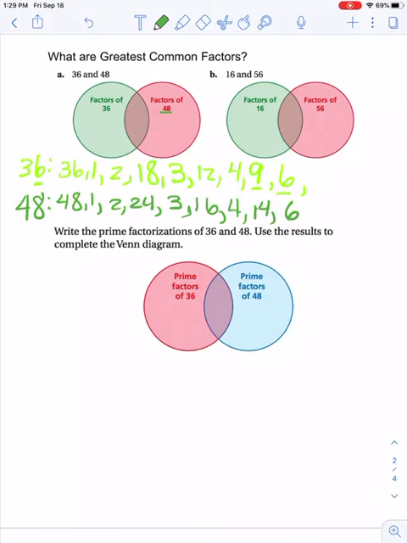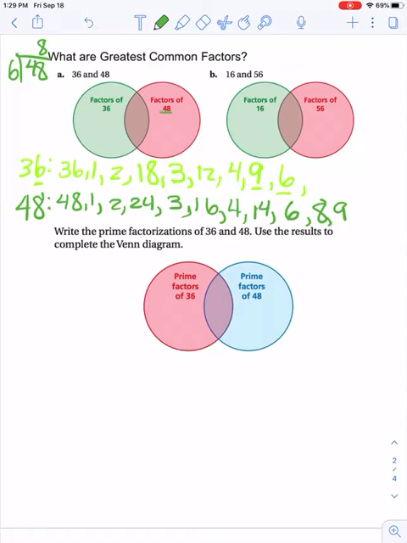How about 6? Can 48 be divided by 6? Well, let's see. 6 does go into 48 8 times. 8 times 6 is 48, so you have to know that. And how about 9?